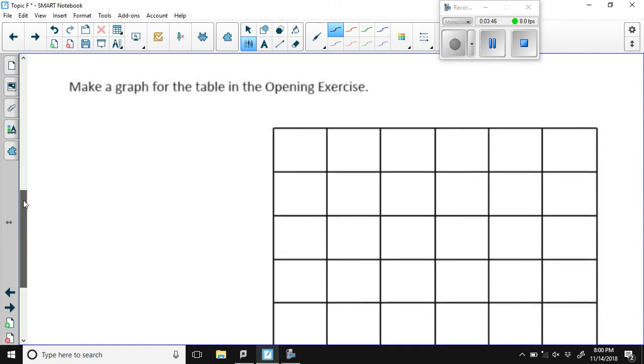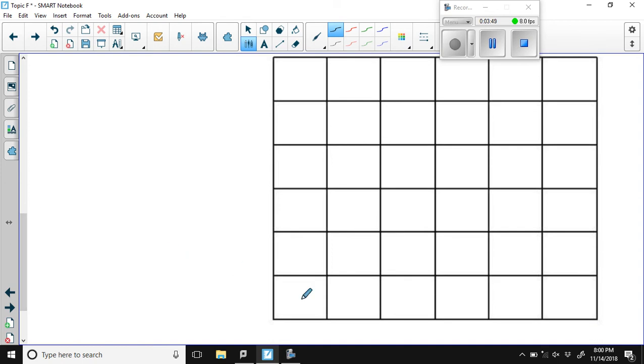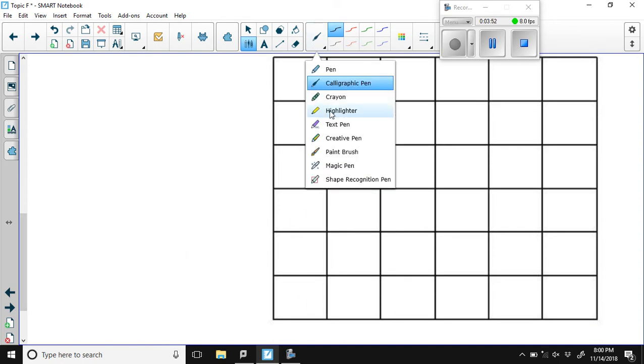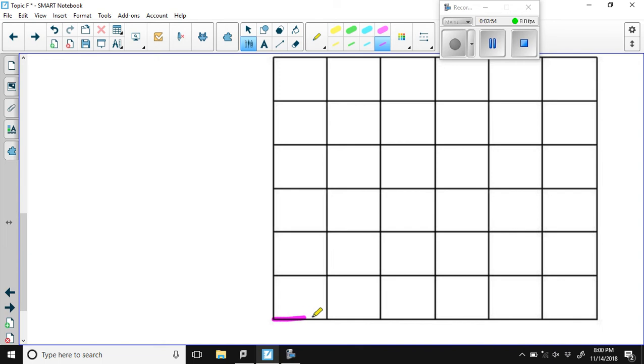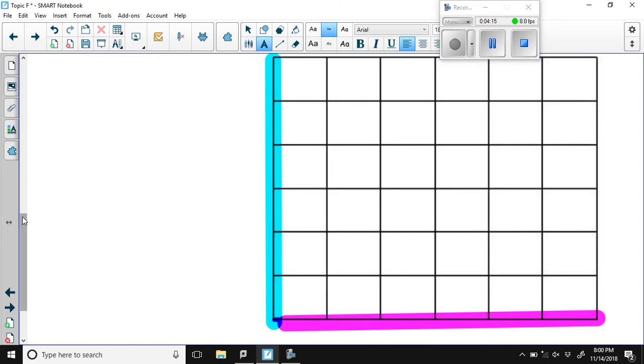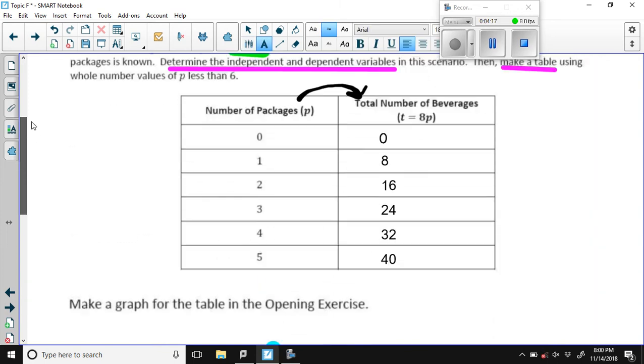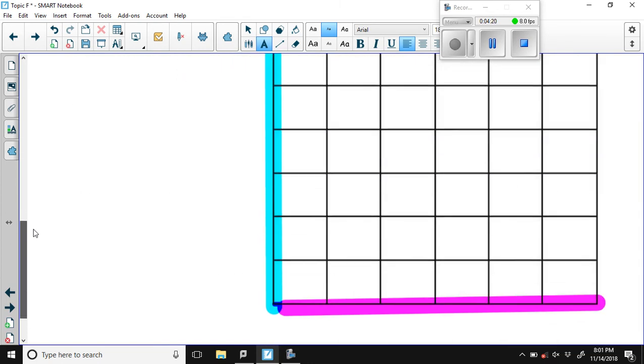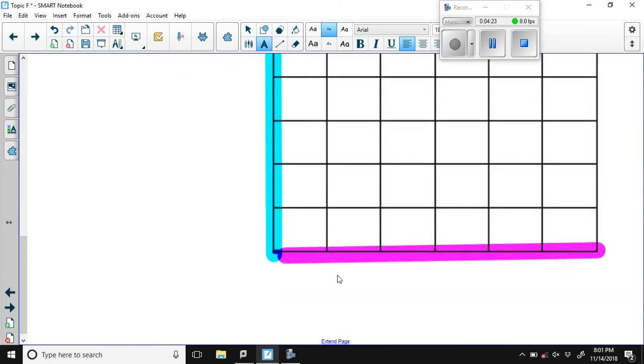Okay, so if I'm taking a look at this graph, I'll highlight it. This is my x-axis. And this is my y-axis. So my independent is going to go along the bottom, and my dependent is going to go along the side. And I'm just going to pop right back up here to my table. So my independent is number of packages, and I'm just going to label that axis right here.